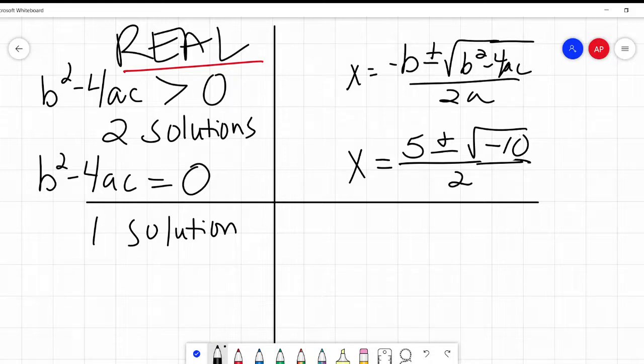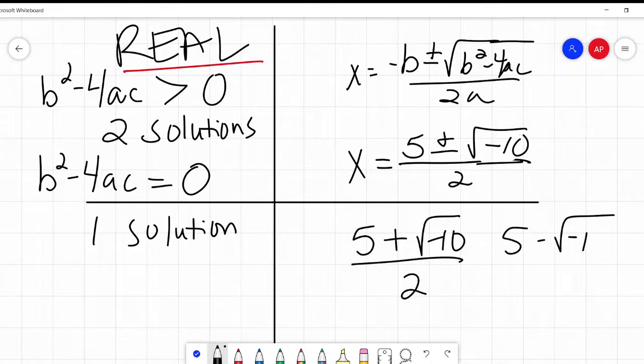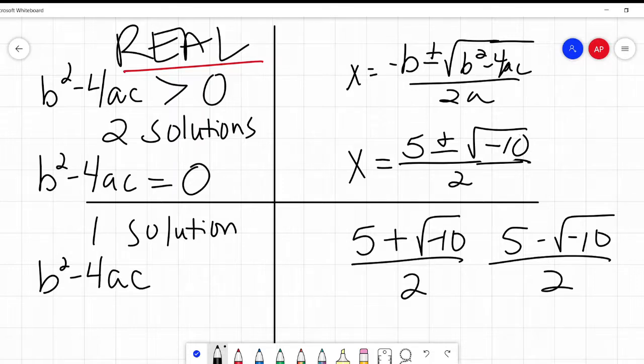So if there's a negative under the square root, it doesn't matter if I have 5 plus and then 5 minus. Those aren't real solutions. So I bet you can see where this is going. If b squared minus 4ac is less than 0, there are no real solutions.